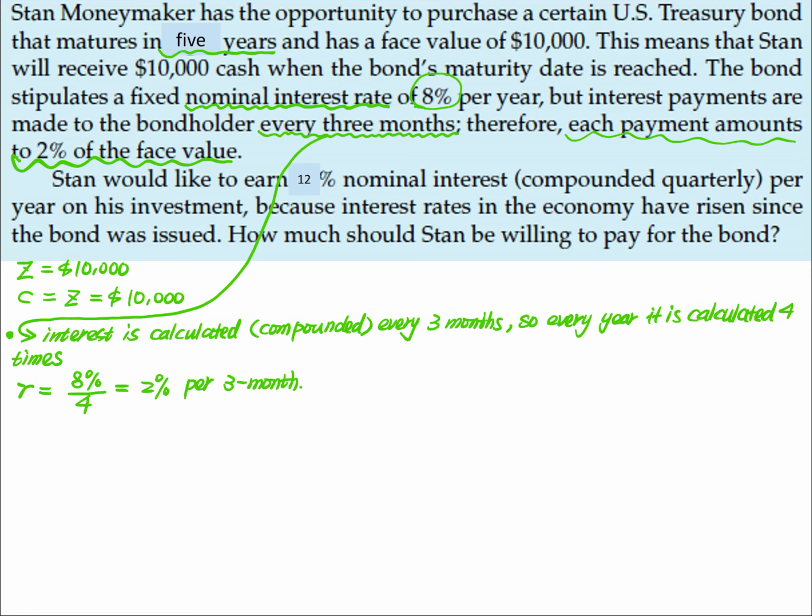And what else? Yeah, it's given already, but I want you to still know how to convert that. So each payment amount will be 2% of the face value. So that annuity is going to be R times Z, which is 2% times 10,000.